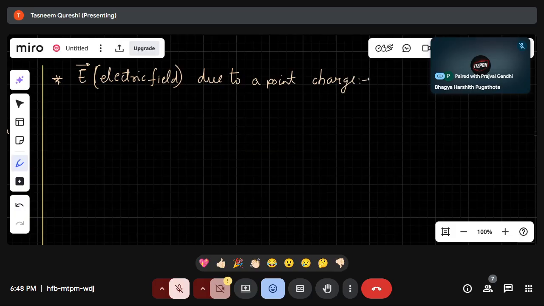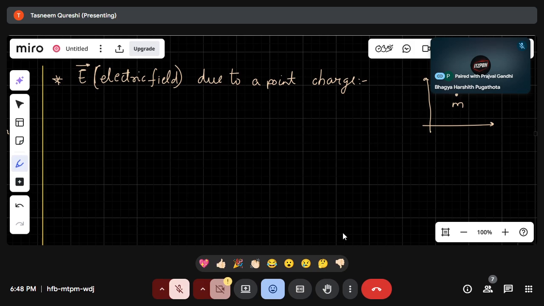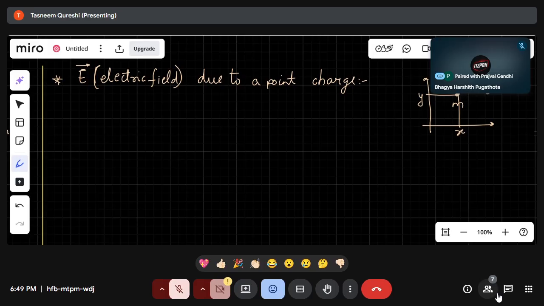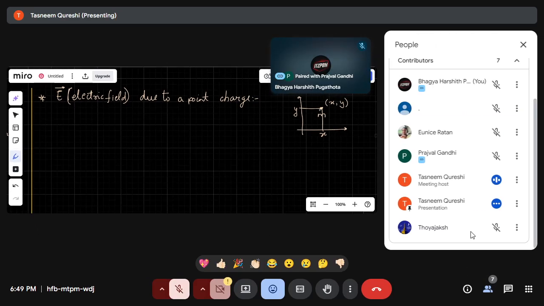So let me give you an example. If this is the y axis, this is the x axis, say there is a point here. Say an object is kept here and that particular object's mass is m. This point for sure will have some x coordinate and some y coordinate. So these point's coordinates are x and y and its mass is m.